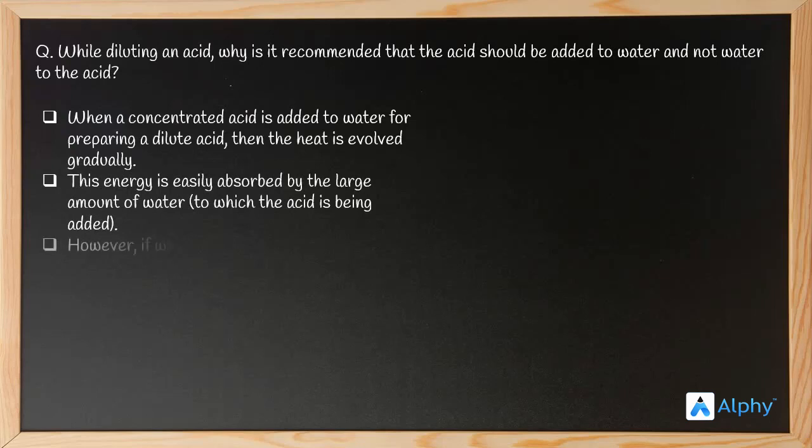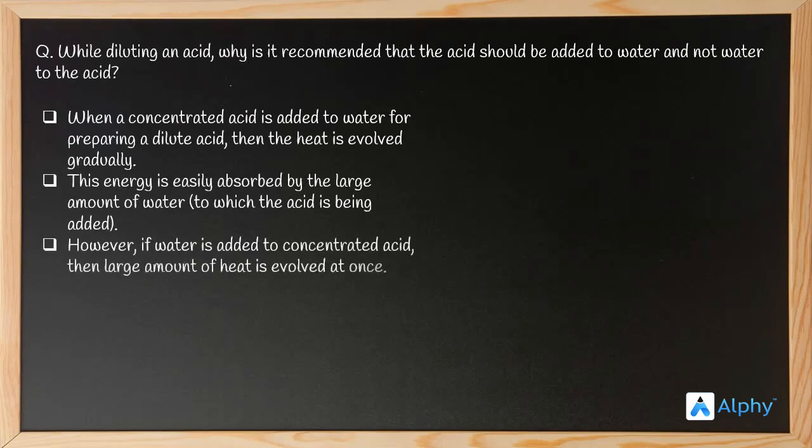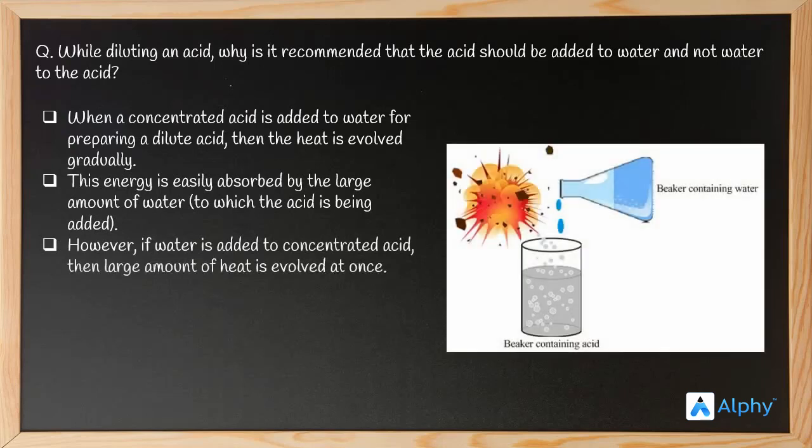Next. However, if water is added to concentrated acid, then a large amount of heat is evolved at once. So this is the difference between acid added to water and water added to acid. When acid is added to water, the heat is evolved gradually, very slowly. While if water is added to concentrated acid, a large amount of heat is evolved at once.